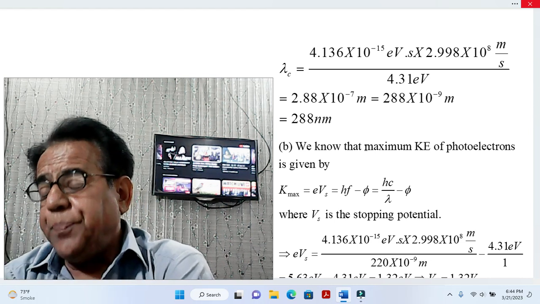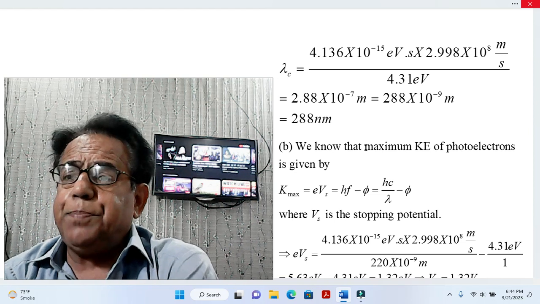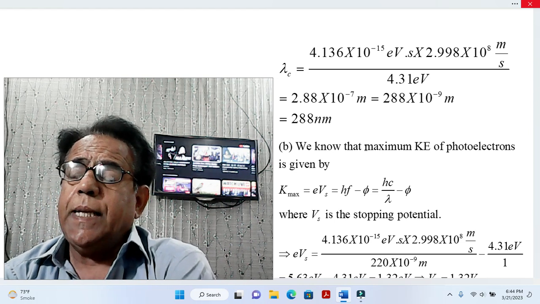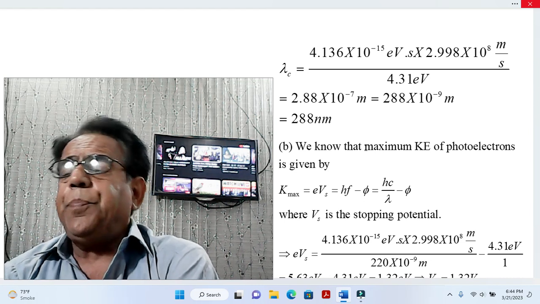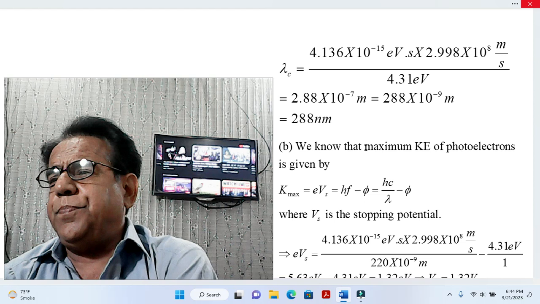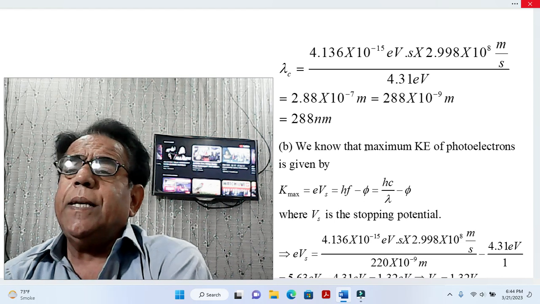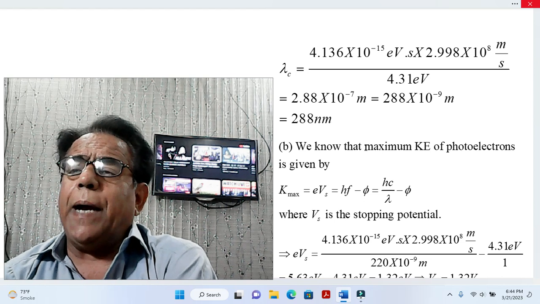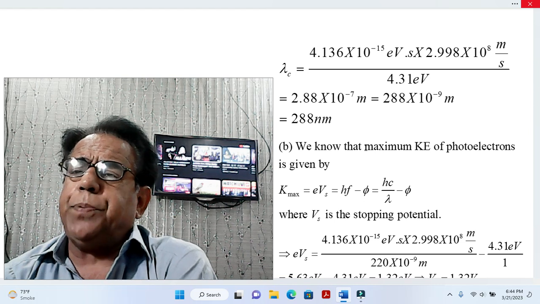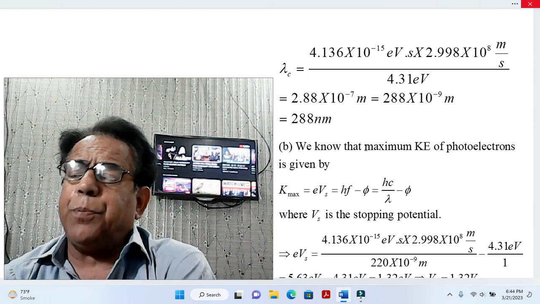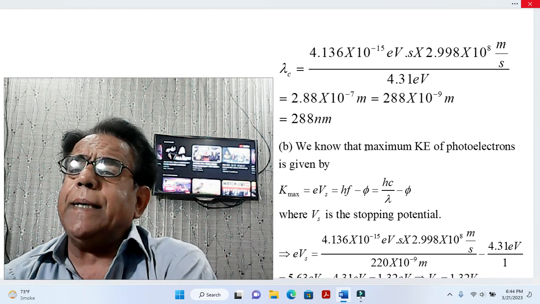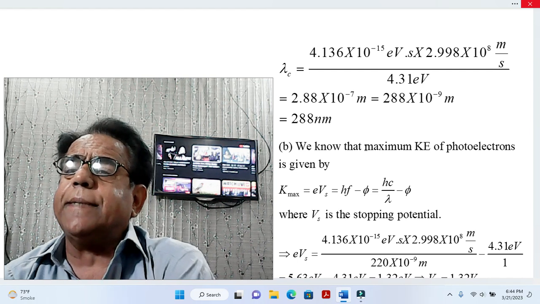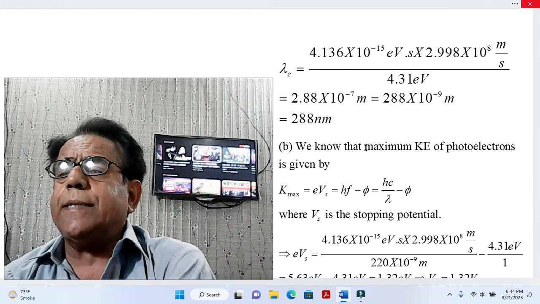But dear students, as I have mentioned previously, 10 to the power minus 7 is not appropriate for us. What is appropriate is either 10 to the power minus 6, or 10 to the power minus 9, or 10 to the power minus 12.